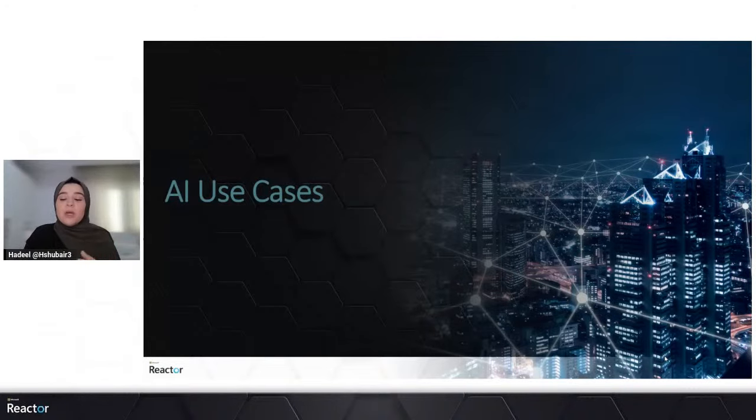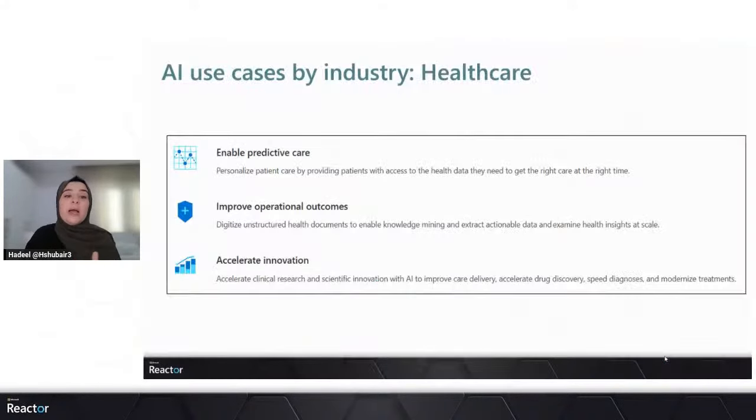Now let's look at some more in-depth use cases in two specific fields. So we're going to be looking at use cases of AI by industry, starting with healthcare. So how does healthcare use AI? Now, AI is being used in healthcare in several ways. AI can help do personalized patient care for every single patient, accessing their health data, so that once they want help, they can get it at the right time.